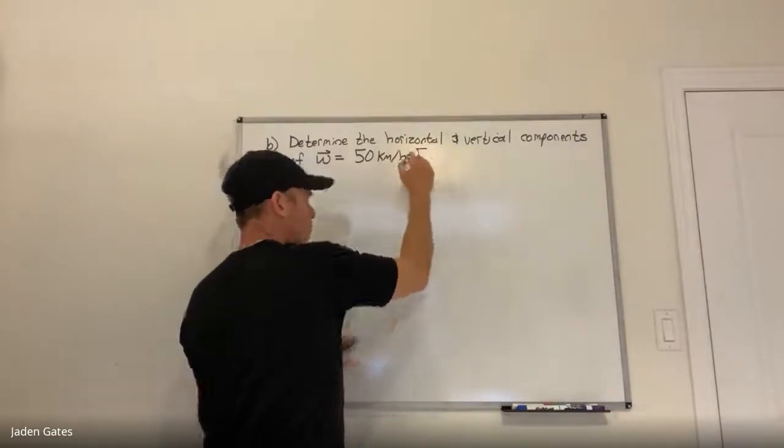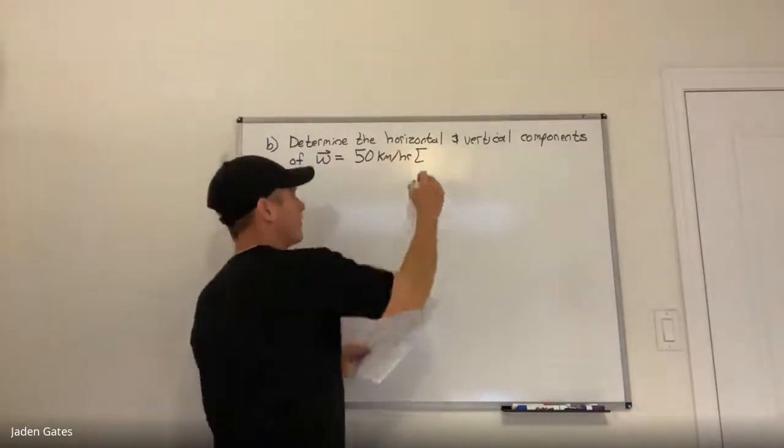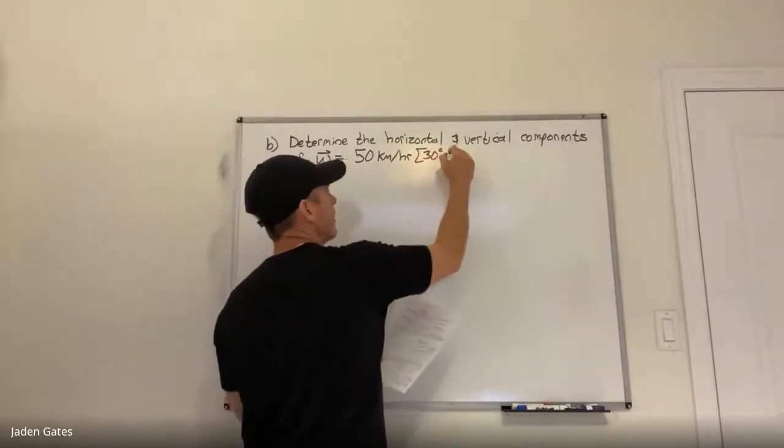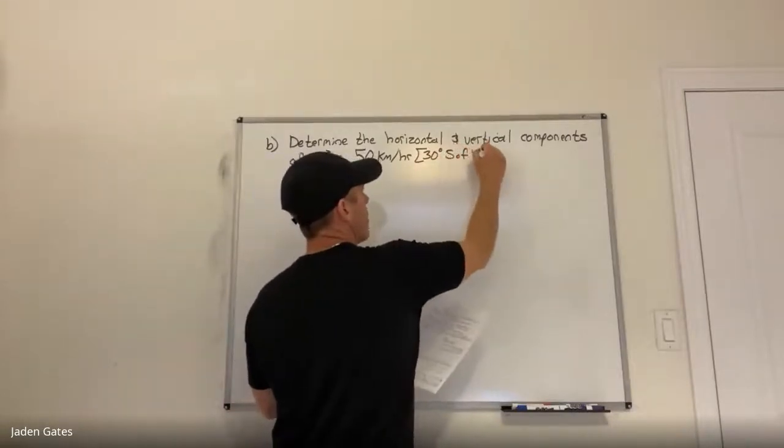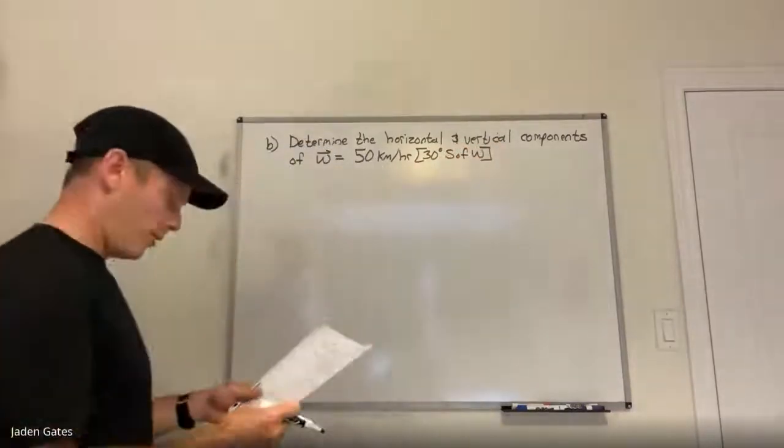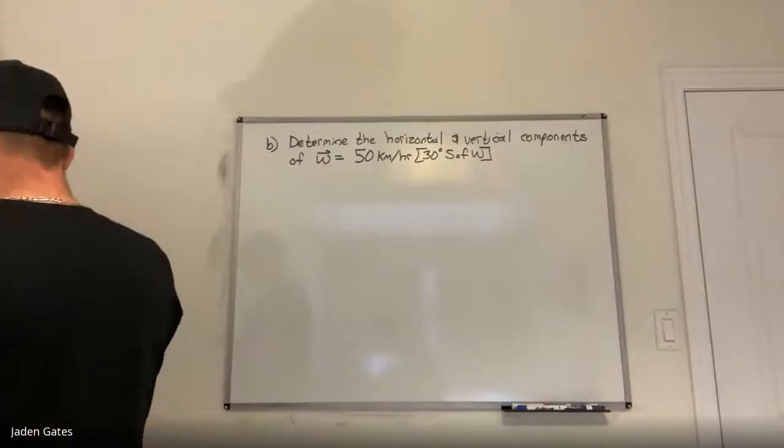And again, the direction was 30 degrees south of west. All right, so that's the vector we were talking about.